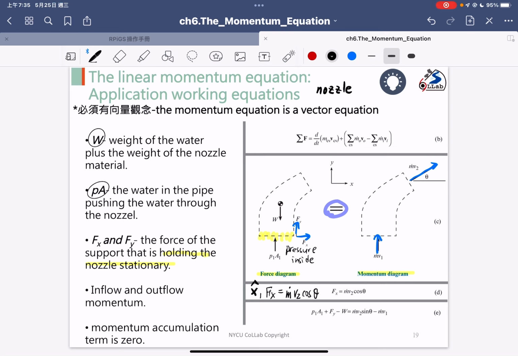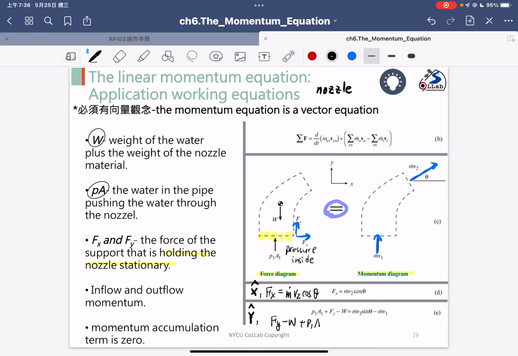And then we consider the y direction, okay? There are many forces related to the y, because we have the Fy positive, and we subtract the weight, which is downward, and the pressure is upward.